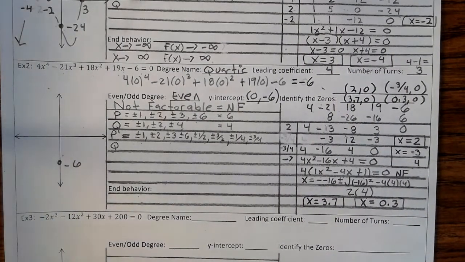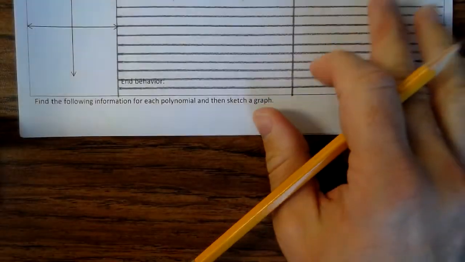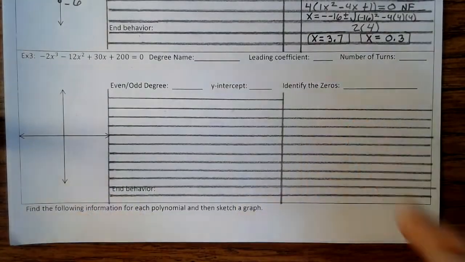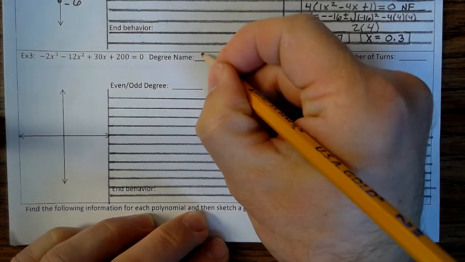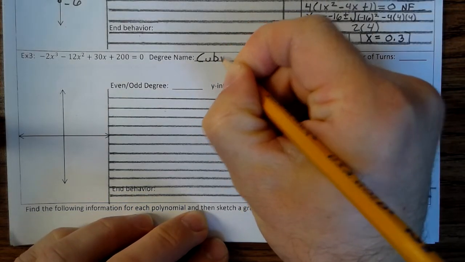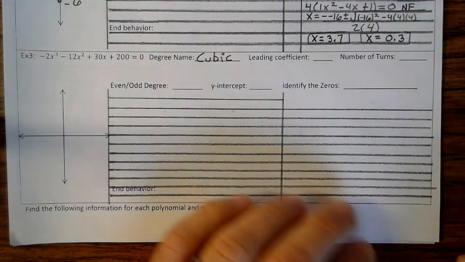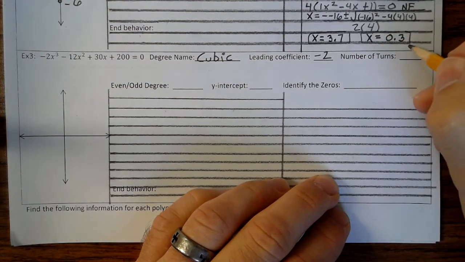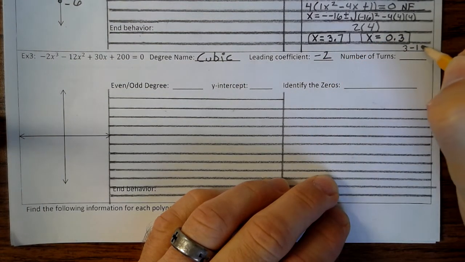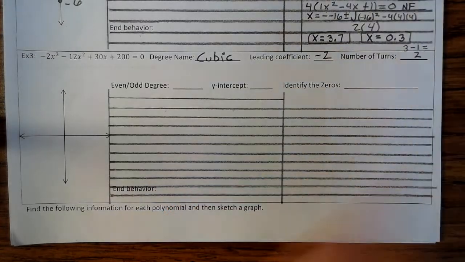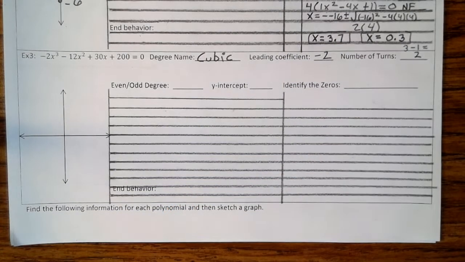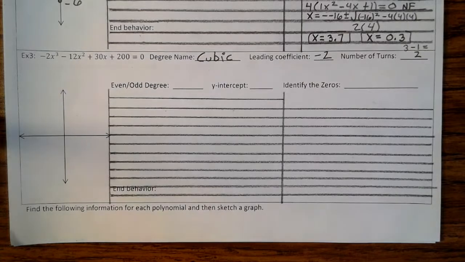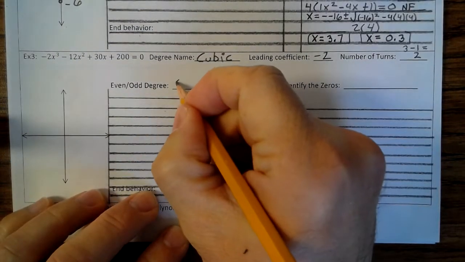Okay, now let's move on to example 3. All right, so degree name is cubic. Leading coefficient is negative 2. Number of turns is 3 minus 1, which equals 2. Now, even or odd, it's odd.